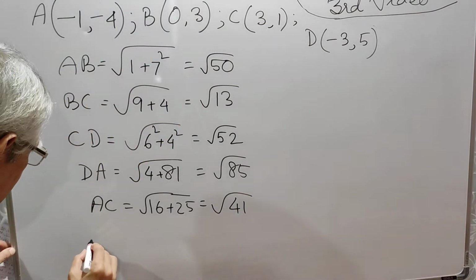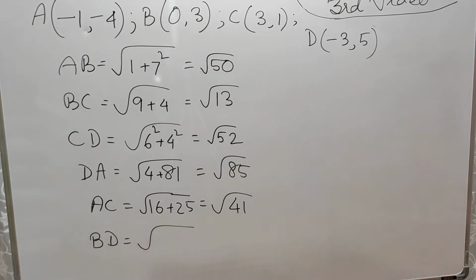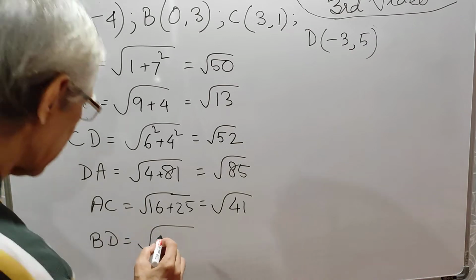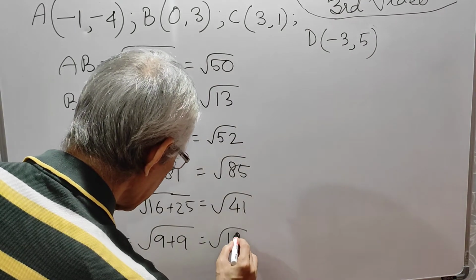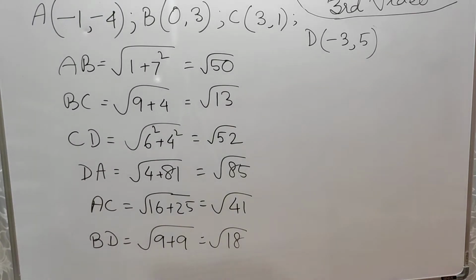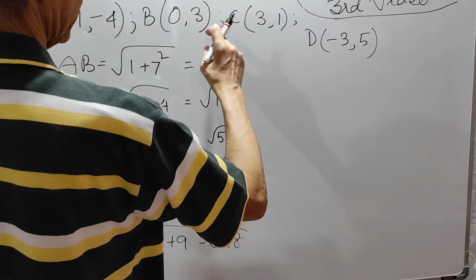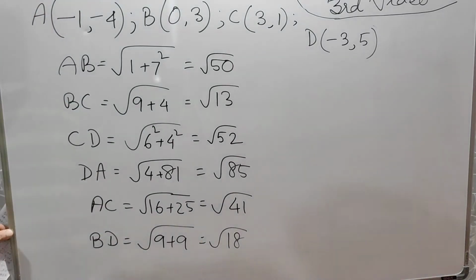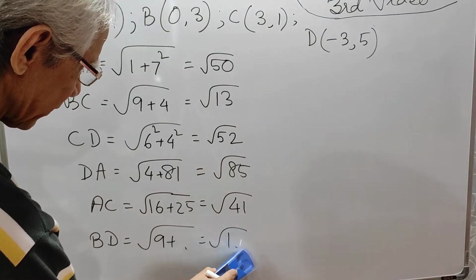Okay, finally BD. So what is BD? BD is 3 squared, 9, plus 5 minus 1, that is 4 squared... 9 plus 4 will be 13 only.